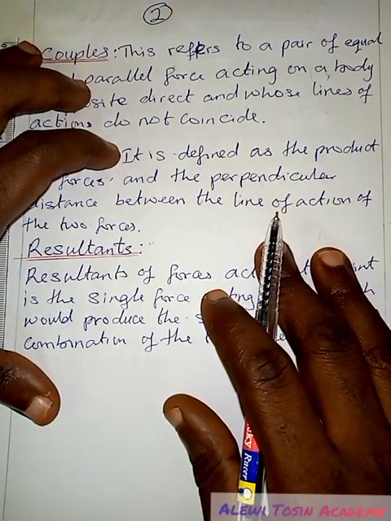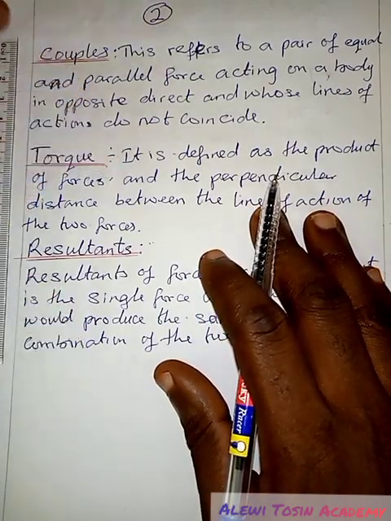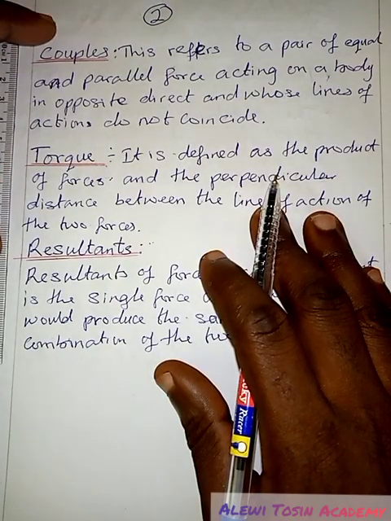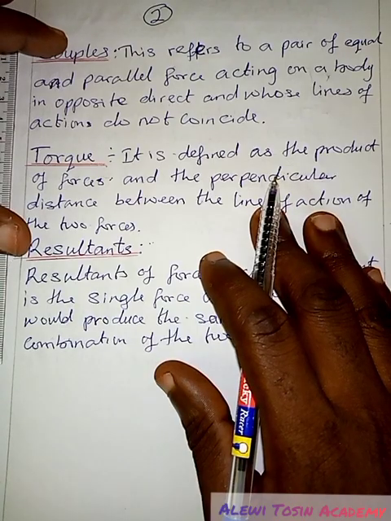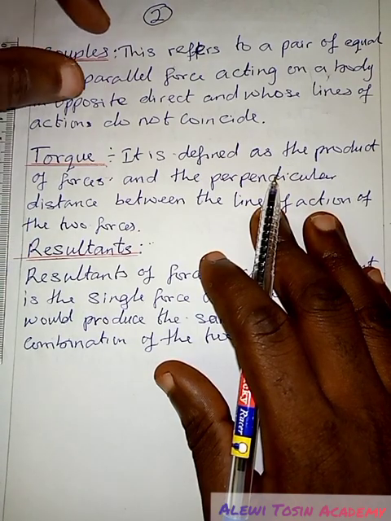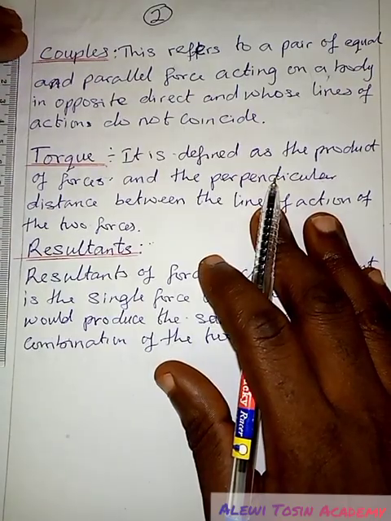Now let's continue this part 2 of Equilibrium of Forces, and we have discussed and introduced the concept of moments to us. Now this time we are talking about couples. Now what do you call a couple?